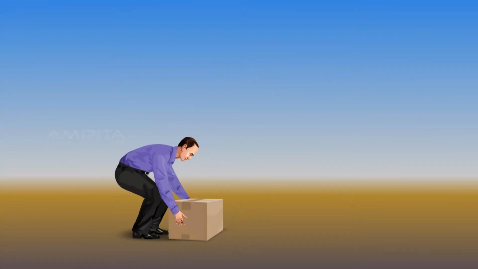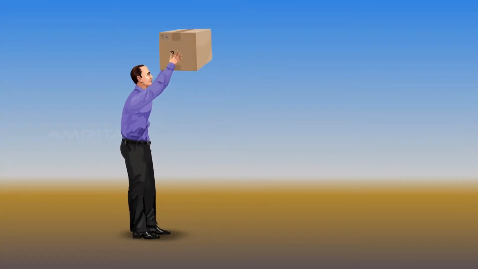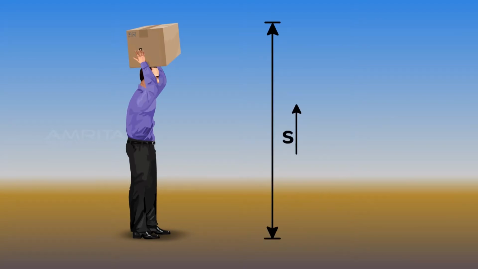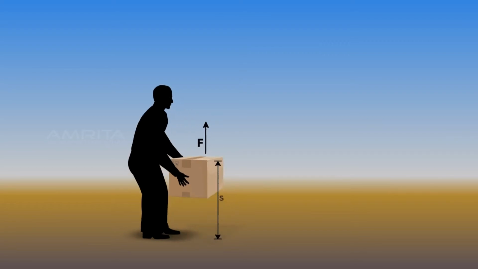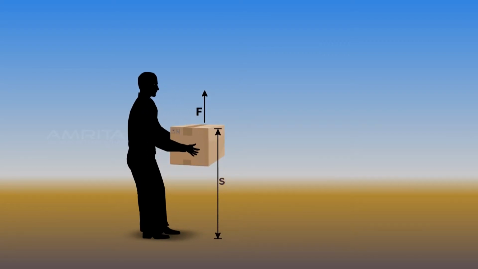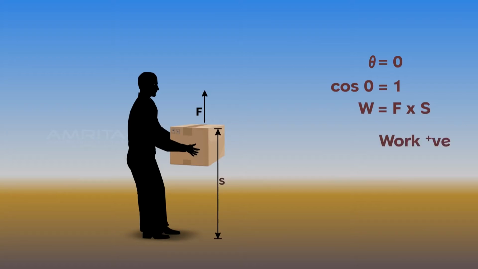Say, a man lifts a load from the ground to place it on his head. The displacement is in the same direction of the applied force, which is upward, while the gravitational force acts downward. In the case of applied force, the displacement is along the direction of the applied force. So theta will be 0. Since cos 0 is 1, the work done here will be F into S, and the work done is positive.